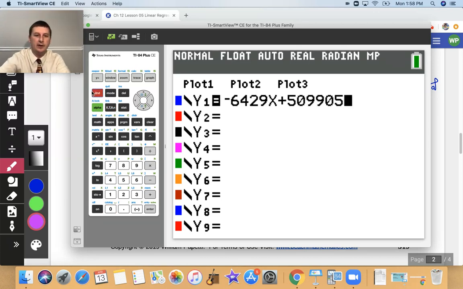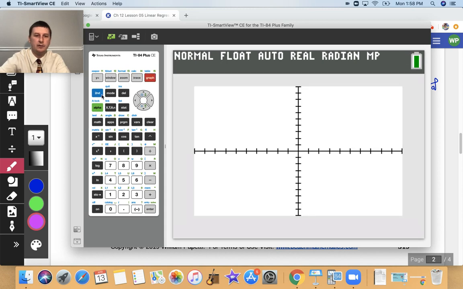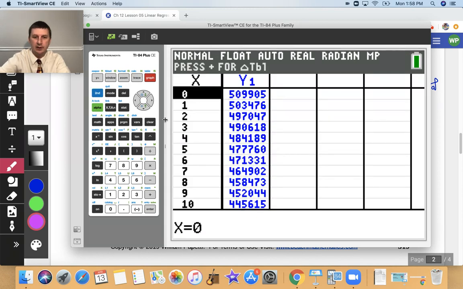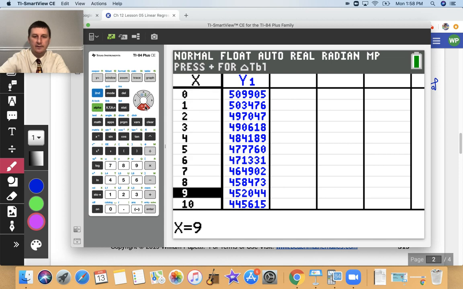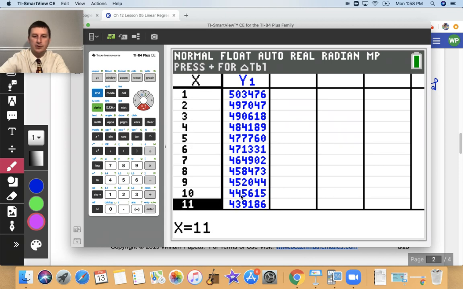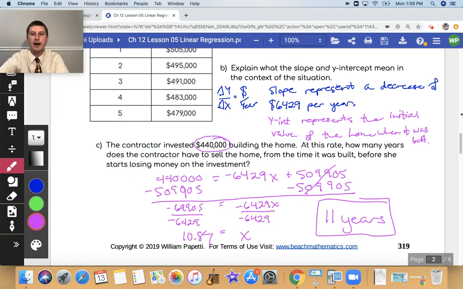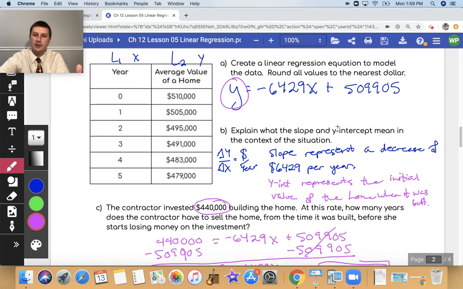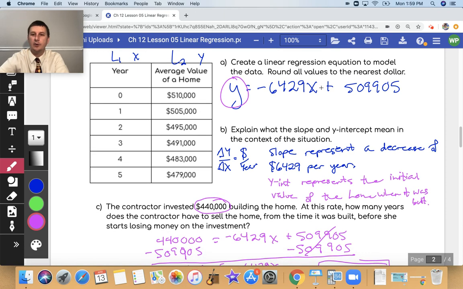And when we go to our table there, we could see that at the 10th year, the value is still above $440,000, but it's at that 11th year that it dips below the $440,000. So again, there's a couple ways that you could do this, using the table in your calculator or by solving it algebraically. So this shows that at the 11th year, it's going to be the first year that it's under $440,000. So either way.